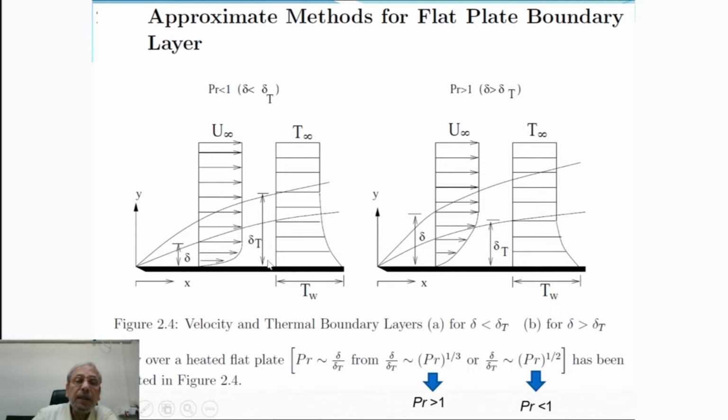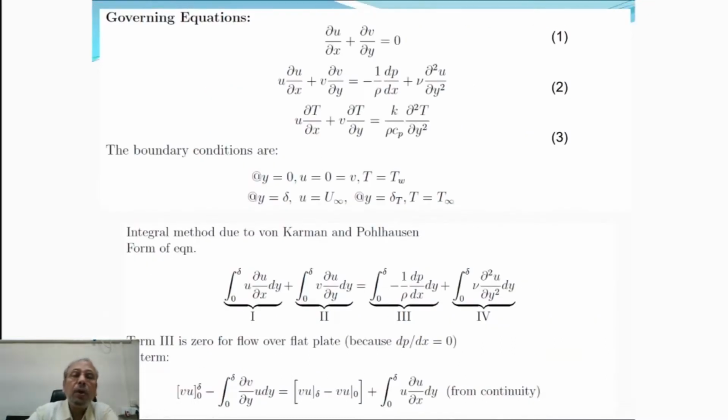We can see, as I said, the growth of the velocity boundary layer and thermal boundary layer on the flat plate, which is heated at a constant temperature Tw. So the governing equations are the continuity equation, where we can see del u del x plus del v del y equal to 0.